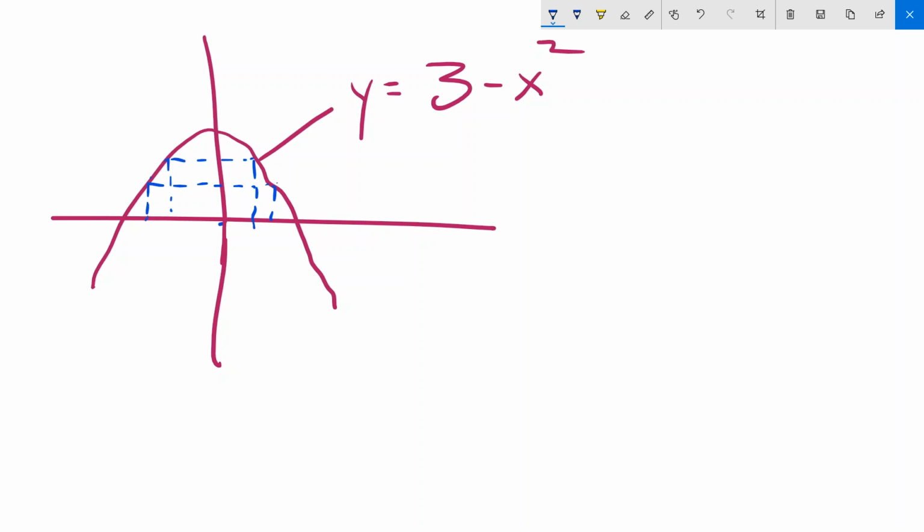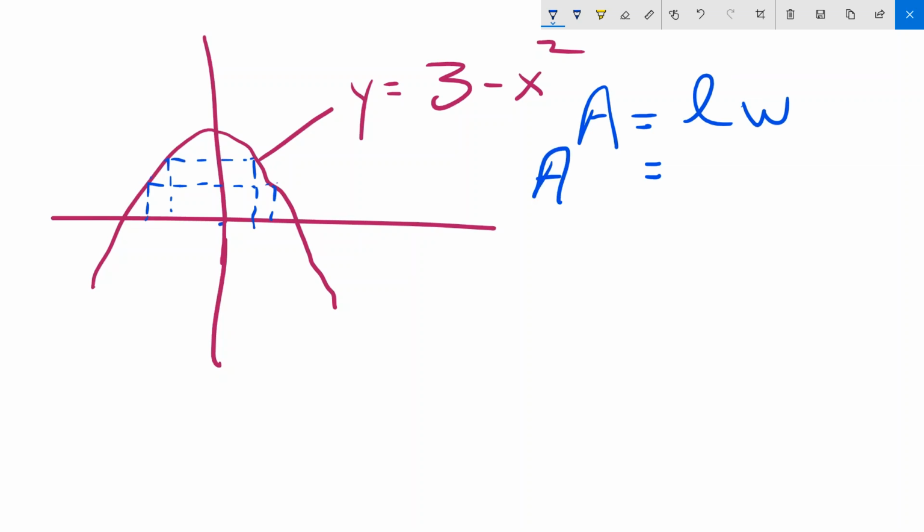So where do I start on this problem? A equals length times height. Okay, good. Length times width, we'll call it. Length times width. What's the length here?